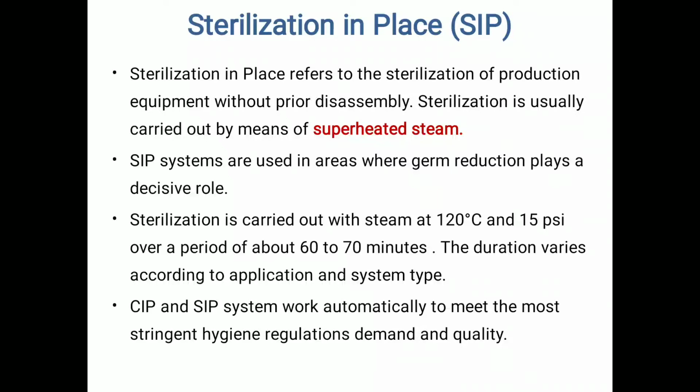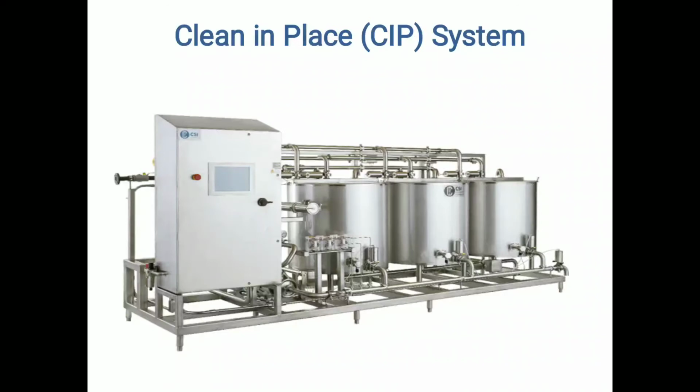So SIP and CIP systems are widely used in pharmaceutical industries to maintain high conditions of hygiene as well as quality, so that the cleaning process as well as the dosing system can be carried out very effectively. So this is all about the large scale sterilization.